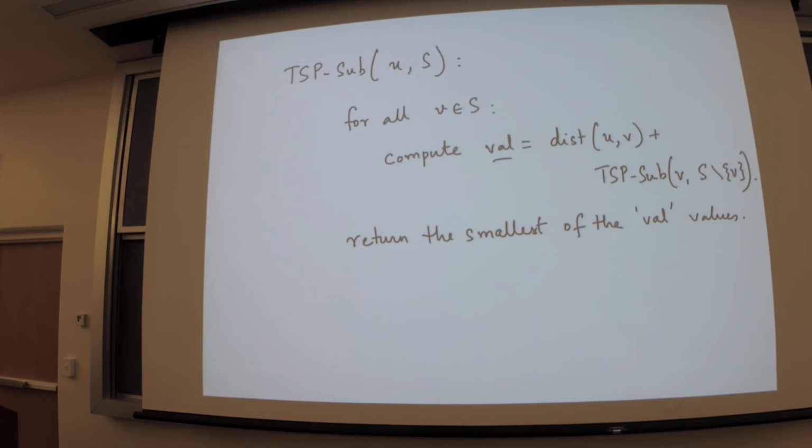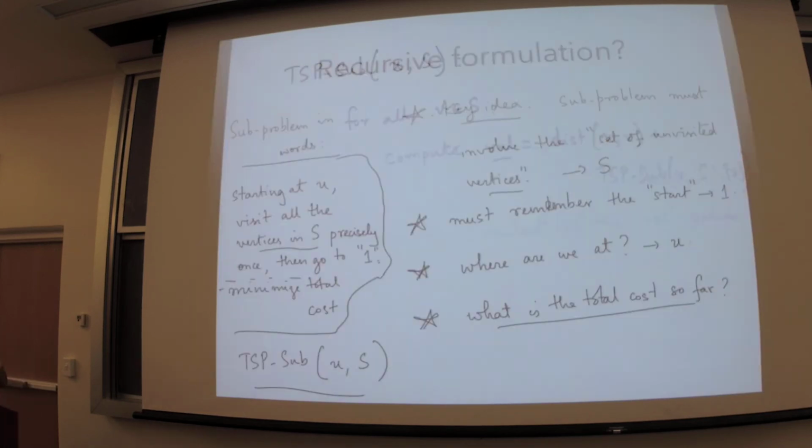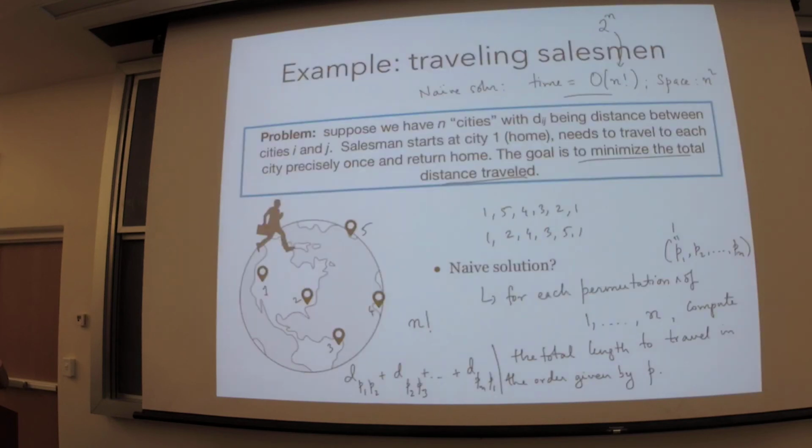In the for loop, it says for all V in S, you want to intersect S with the adjacency list of U. So currently I'm assuming that you can go from any vertex to any other. Remember the problem, the way I set up the problem, you can actually go from any i to any j with the cost of dij.